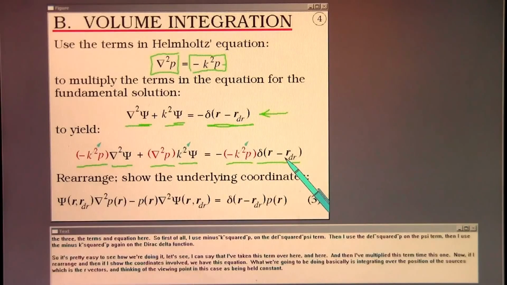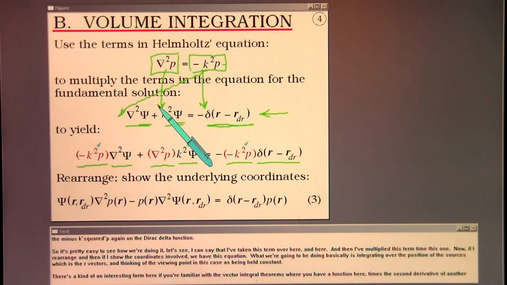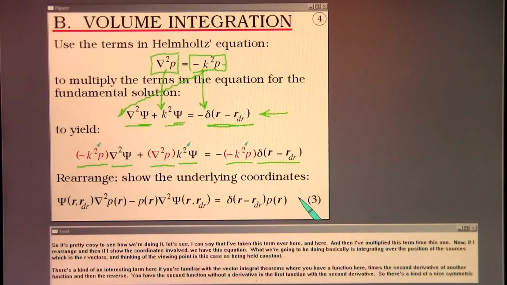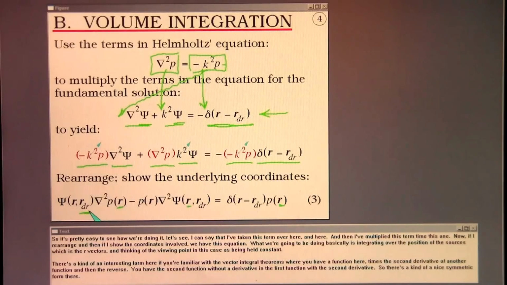Let's see, I can say that I've taken this term over here and here, and then I've multiplied this term times this one. Now, if I rearrange and then if I show the coordinates involved, we have this equation. What we're going to be doing basically is integrating over the position of the sources, which is the R vectors, and thinking of the viewing point in this case as being held constant.